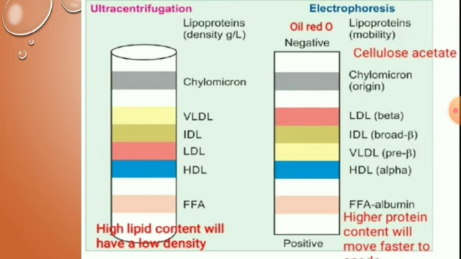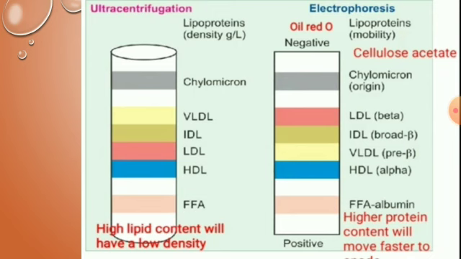Coming to electrophoresis, electrophoretic separation is based on mobility. Cellulose acetate is used for this process, and oil red O dye is used to visualize lipoprotein mobility by electrophoresis.